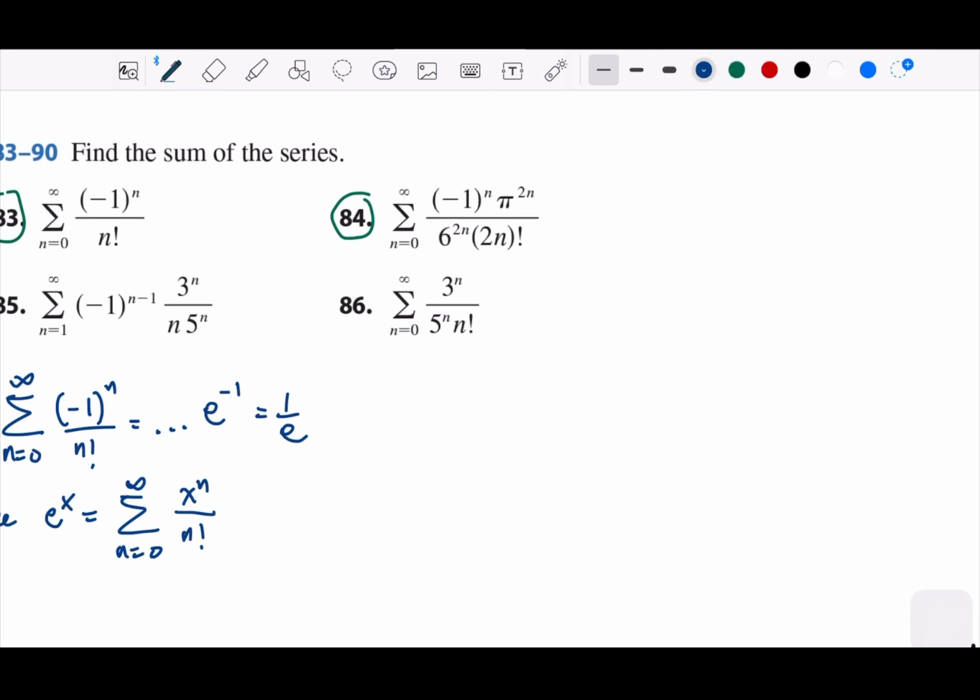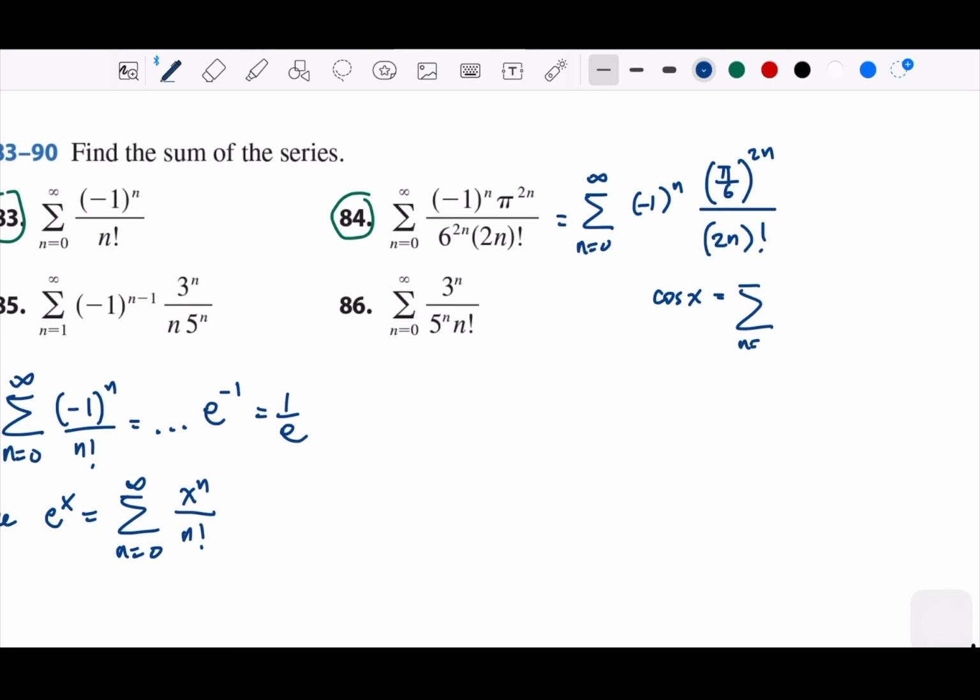So perhaps this is going to be the sum, so let me write the pi over 6 on this top, and then 2n factorial here. And this is the cosine x, if you remember.